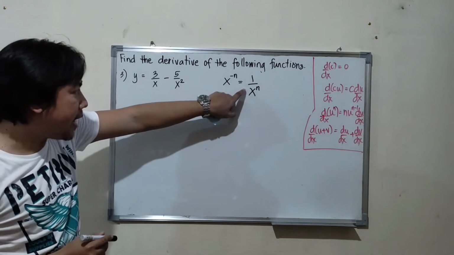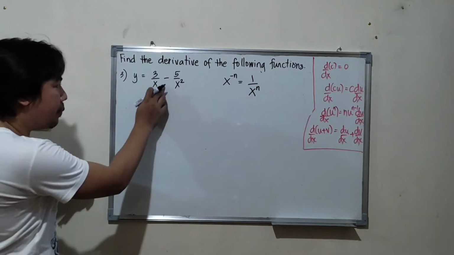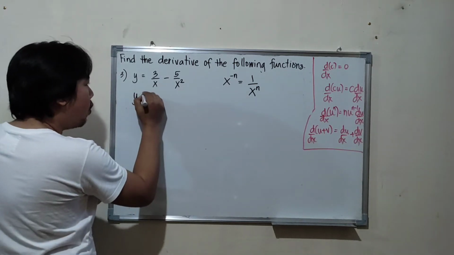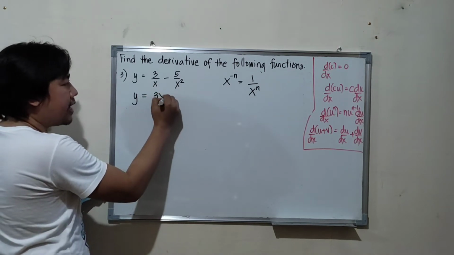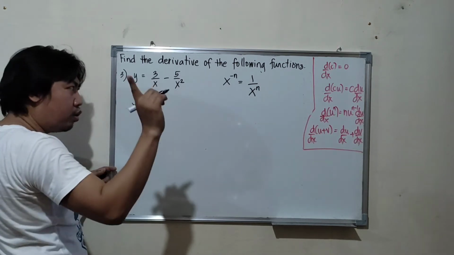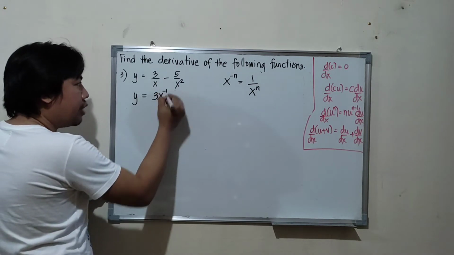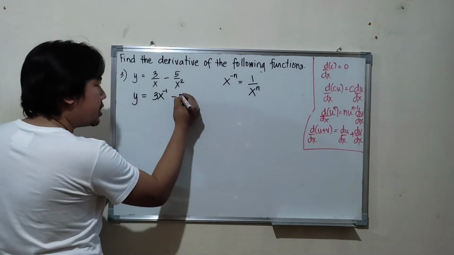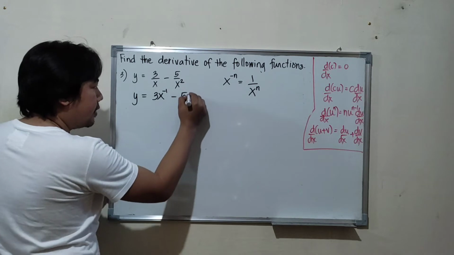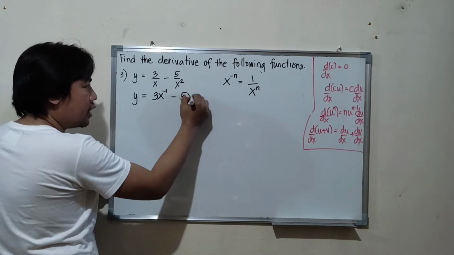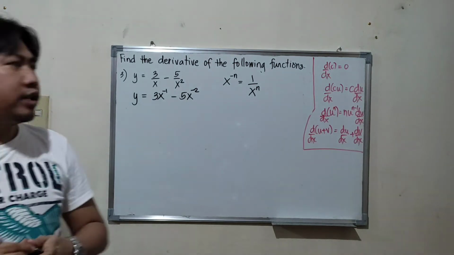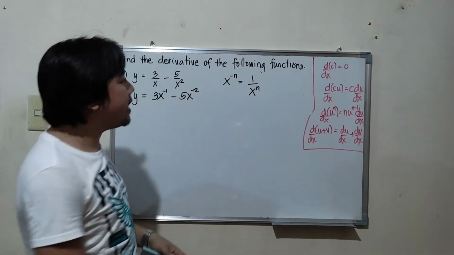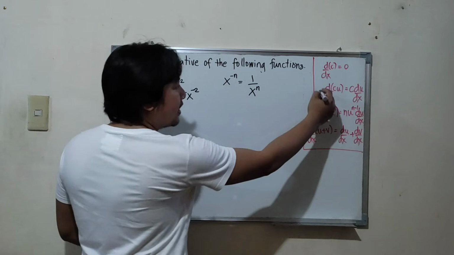So if we apply the negative exponent rule, we can write this as y is equal to 3 times x to the, there is no exponent, so that means there is a 1, so 3x raised to negative 1 minus 5, then x squared is equal to x raised to negative 2. Okay, so now we can use this formula.